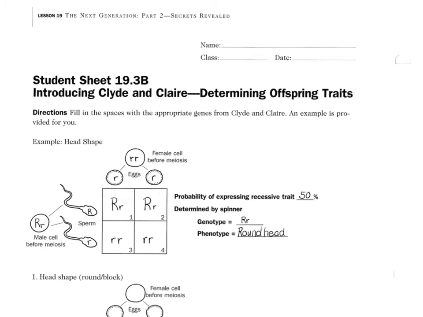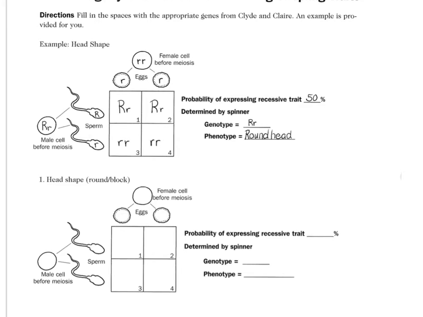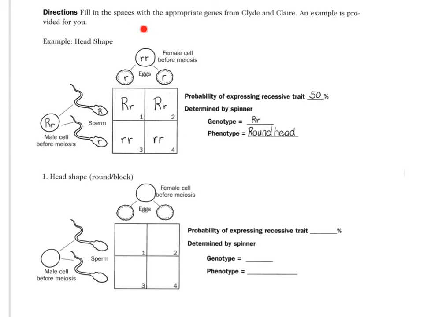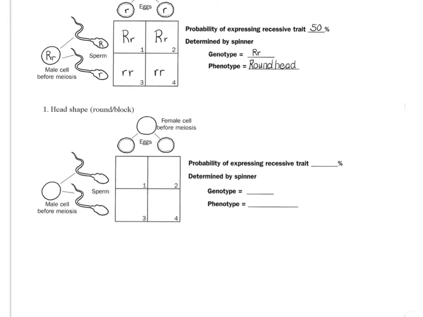So now that we're at the page with the Punnett squares, they give us an example already completed, and then they give us a place to work for our actual first trait, which is head shape. So I'm going to bring over the genotypes from the first page, and Clyde was the male, and he had homozygous dominant, and Claire was the female, homozygous recessive.